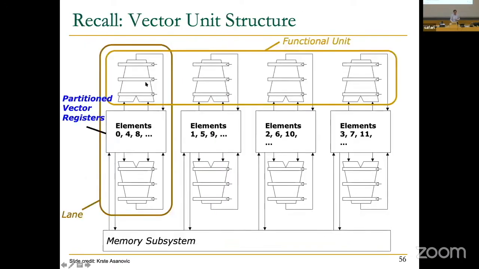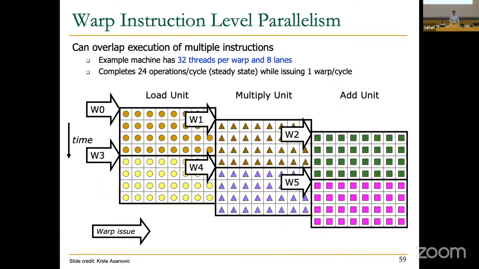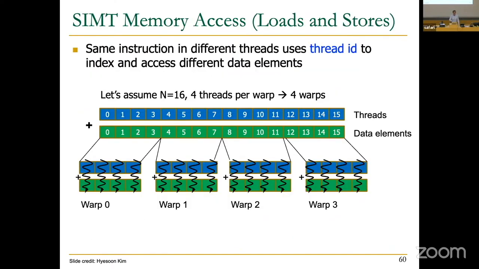So if you look at thread 0, it loads elements from iteration 0 over here, right? If you look at thread 1, it loads elements over here. So basically, where you're loading depends on which thread you are, if you will. So let's take a look at this. Same instruction, different threads, uses the thread ID to index and access different data elements. That's the key.